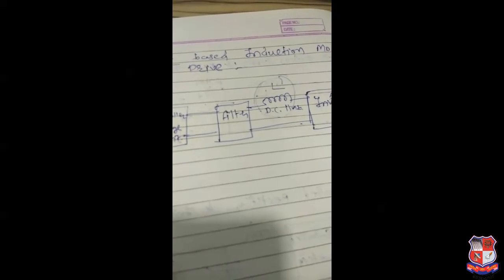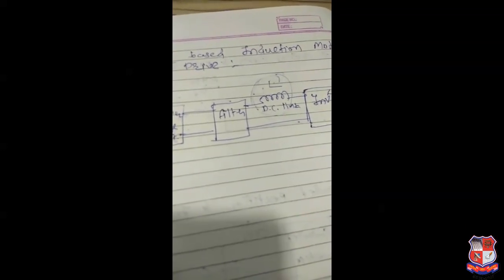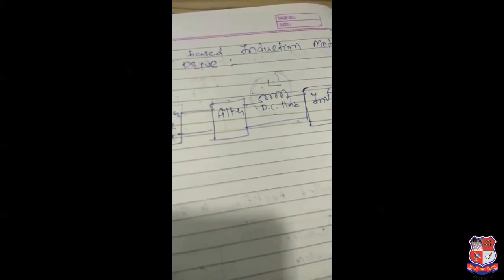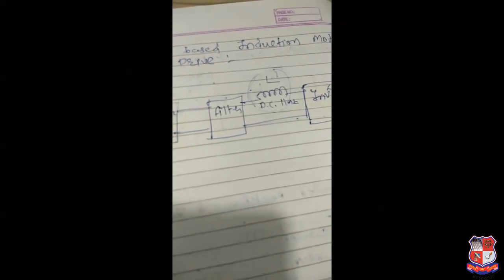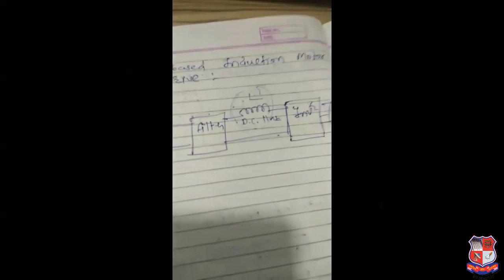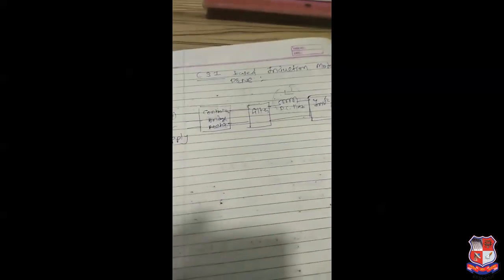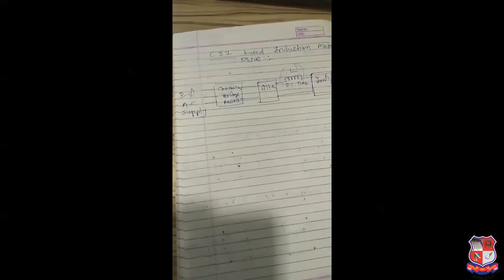The three-phase current source inverter has three legs, each containing a thyristor and a diode, as we learn in power electronics. So by using these two different techniques, we can control the speed of the induction motor very easily.